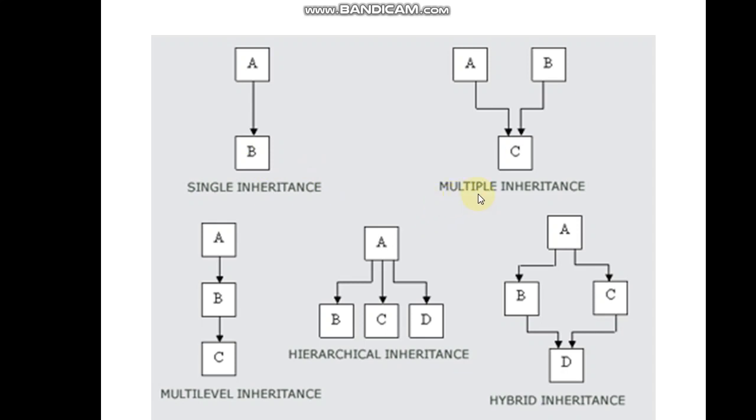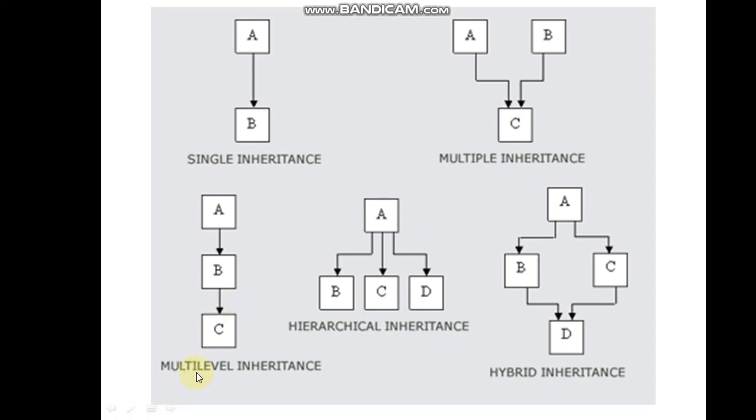Second type of inheritance is multiple inheritance. The name itself says that there will be multiple base classes. For example, A and B are two base classes. The properties of A and B are inherited into the derived class C. So along with the inherited members, C can have its own members.